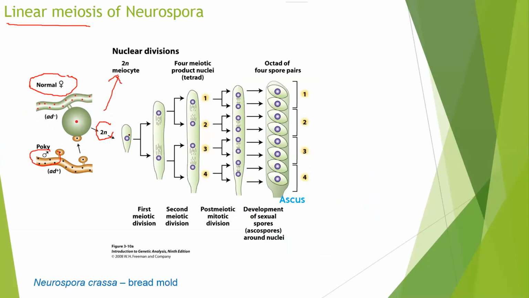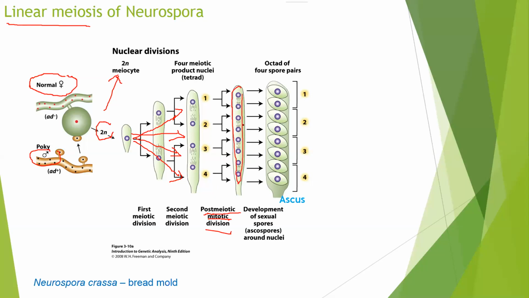And this zygote can go through something very similar to the diploid organism, the meiosis. This can produce something like the gametes, but here, individual spores. And it can go through an additional post-meiotic mitotic division to produce 8 individuals.